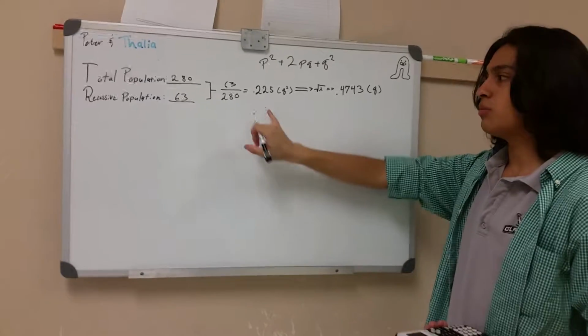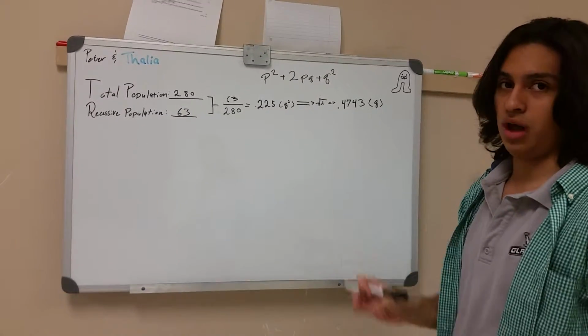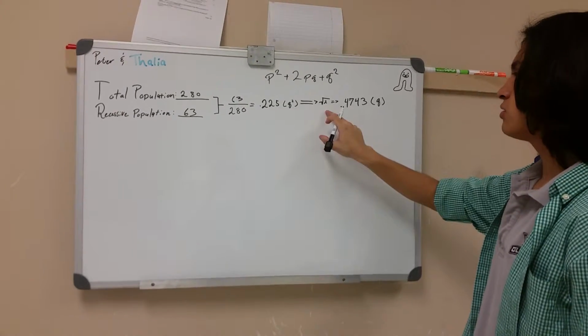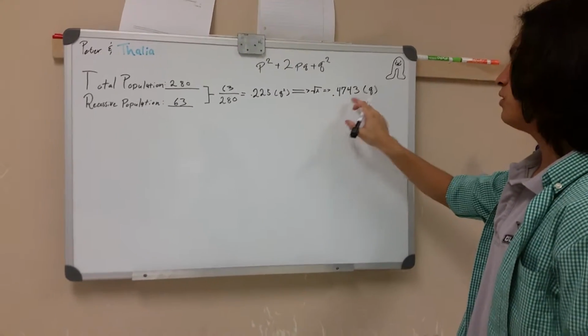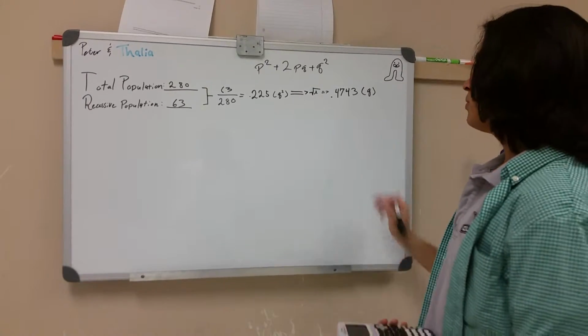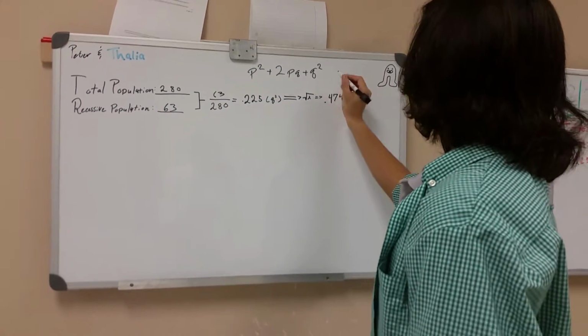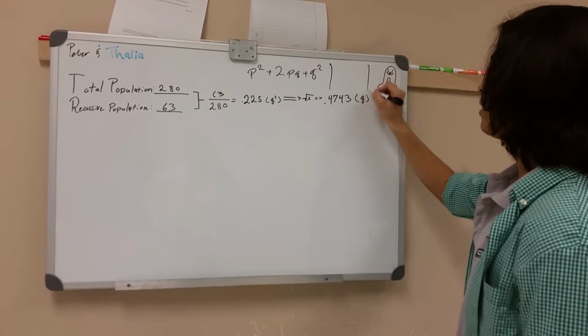Now, in order to find our p, which is the other important half of the equation, we need to find the square root of this, which is 0.4743. Now, that's going to be our q, but we need to find p.